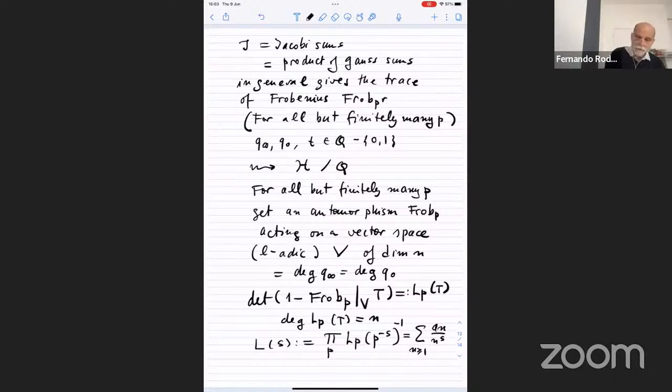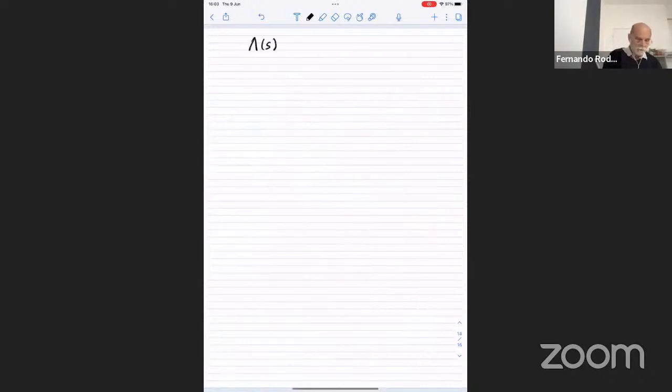But at the very least, this is an L function that behaves like what L functions should behave like, which is that if you add to it a term that comes from sort of the infinity prime, if you like, then it should have an analytic continuation and a functional equation.